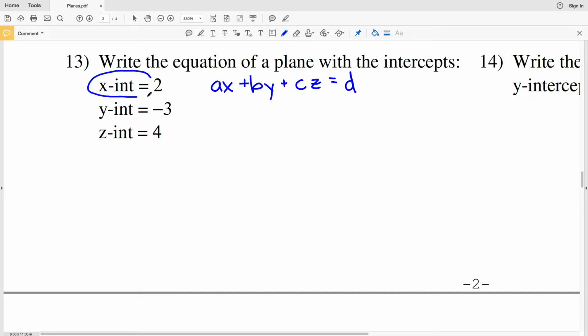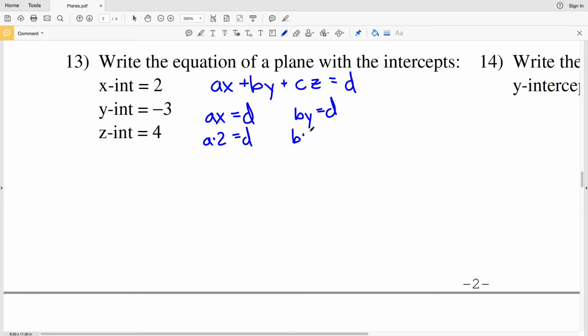Now our x-intercept occurs when y and z are 0. So we have that ax equals d, and we're given that that x-intercept is 2, so a times 2 will be equal to d. Now for our y-intercept, that's when x and z are 0, so by equals d, and the y value associated with that is negative 3.